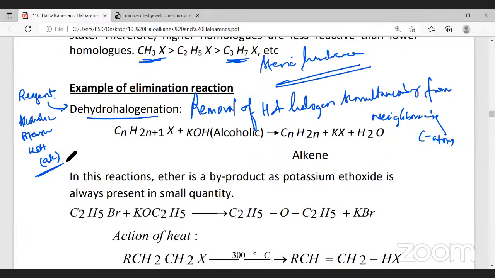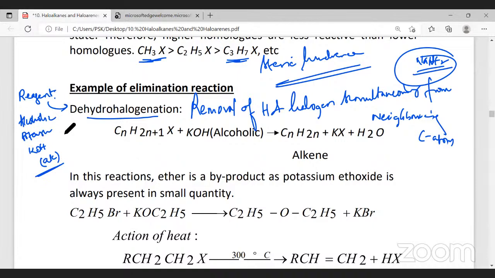For 12th standard, they will ask you for 1 mark: give an example for a dehydrohalogenating agent. So the example for a dehydrohalogenating agent is alcoholic potash. A stronger dehydrohalogenating agent is soda amide, but it is mentioned very rarely in your 12th standard, so you don't write that as an answer. But remember soda amide, NaNH2, is also a dehydrohalogenating agent.